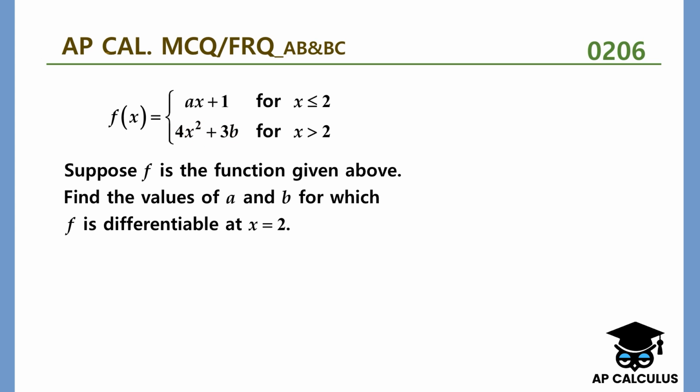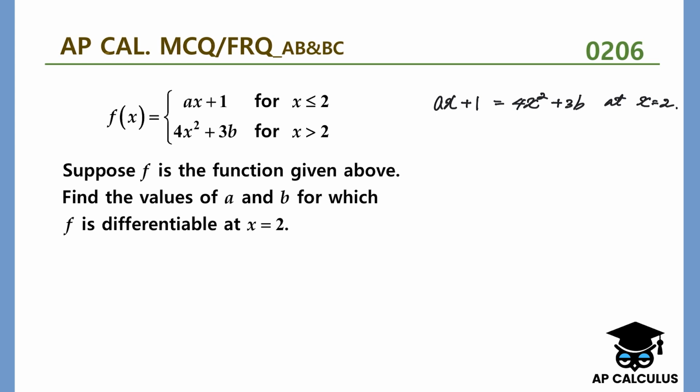So let's set up an equation. Ax plus 1 must be equal to 4x squared plus 3b at x equal to 2.